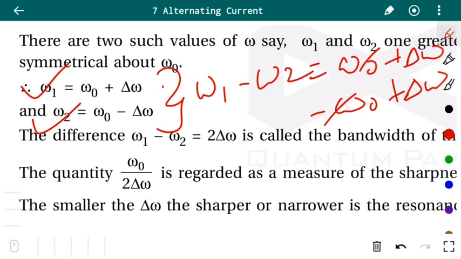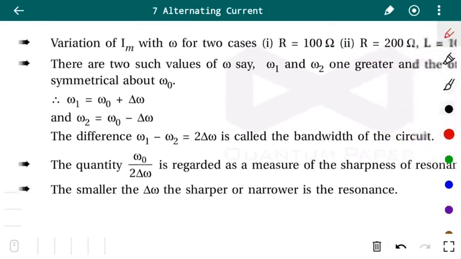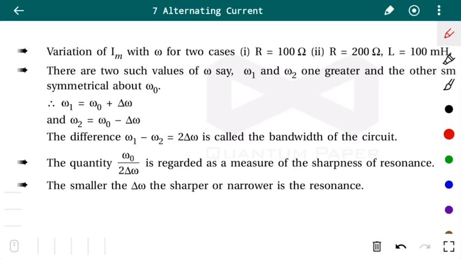This gets cancelled. We will have 2 delta omega. So the difference omega 1 minus omega 2 equals 2 delta omega is called the bandwidth of the circuit.